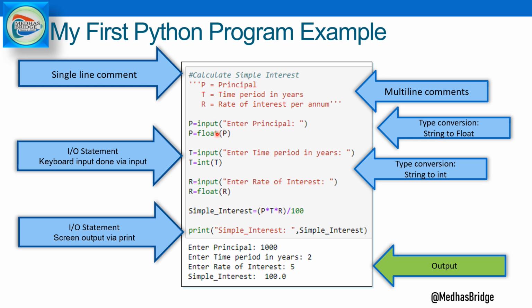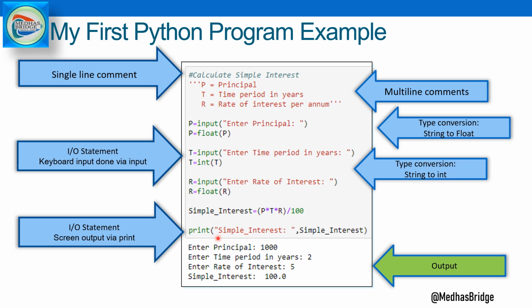Input is an inbuilt Python function which reads user input from the keyboard and assigns it to a variable. Input reads user inputs as strings, which are numeric strings, so we need to convert them to numeric, let us say string to int or string to float.